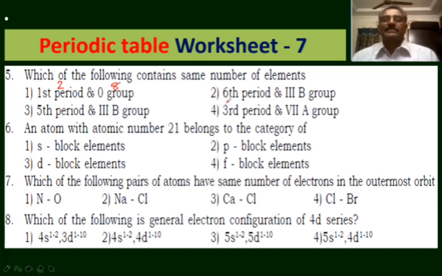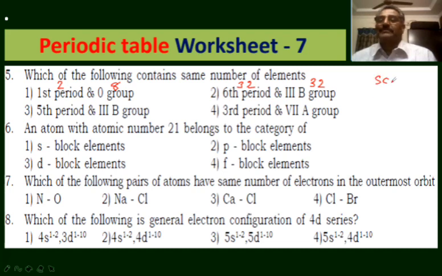The second option, 6th period and 3rd B group. In the 6th period, there are 32 elements, and 3rd B group also, there are 32 elements. What are the 3rd group elements?